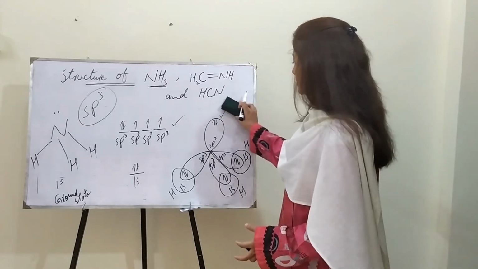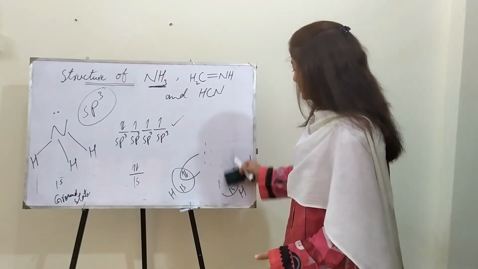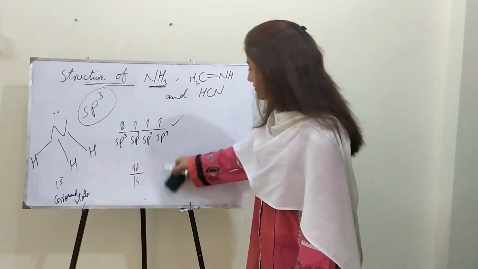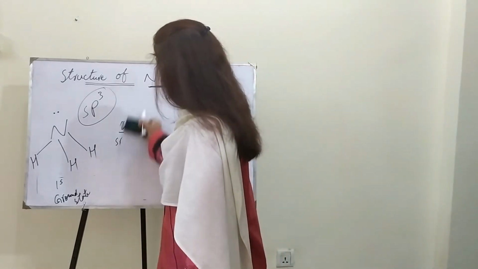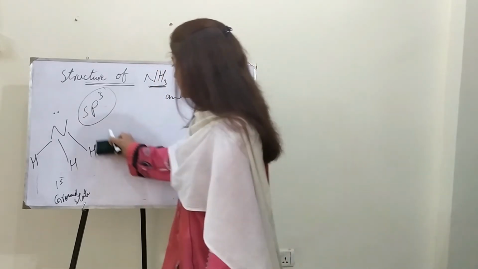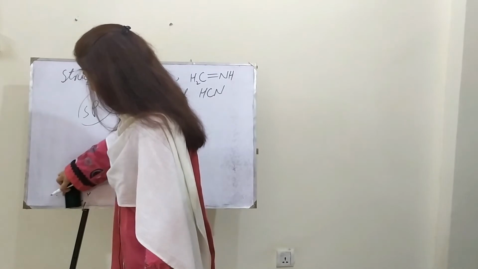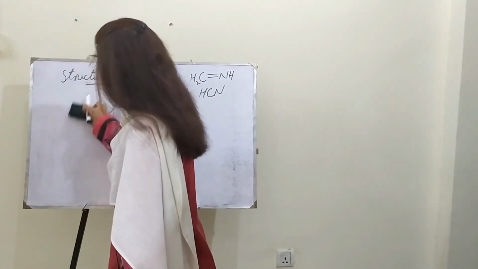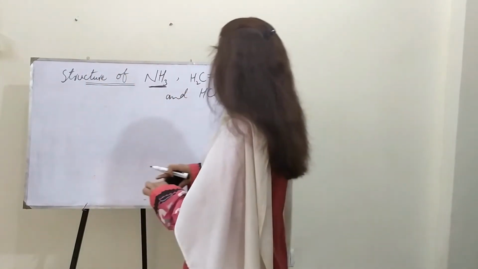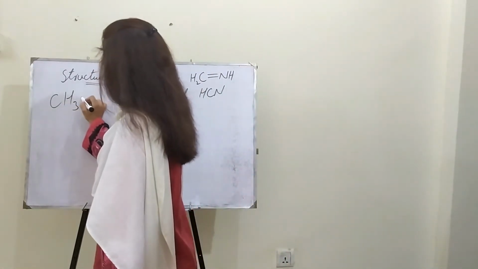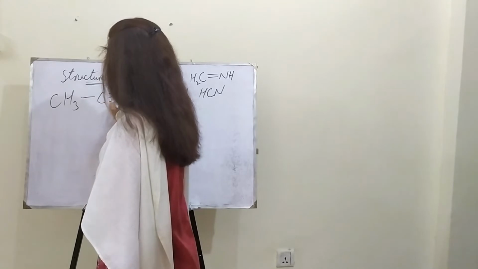Now we move towards the structure of nitriles, taking methyl nitrile as an example. Here there is CH3CN.